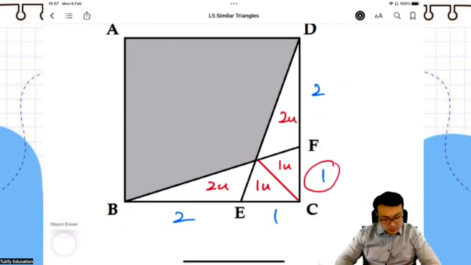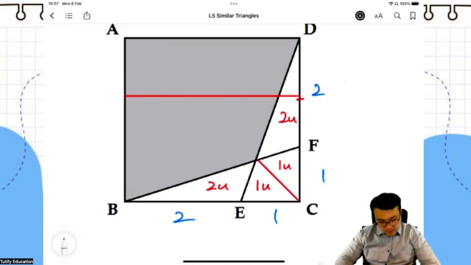Now, the ratio is 1:2, right? I cut this into half. Okay, let me just draw that line. Then I'm going to draw another line here.